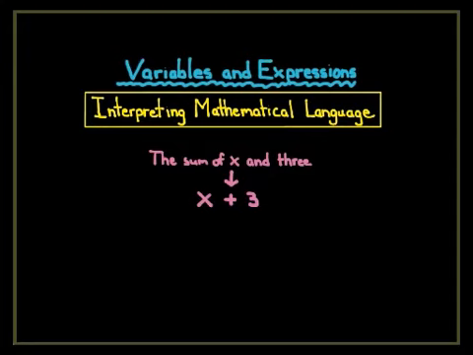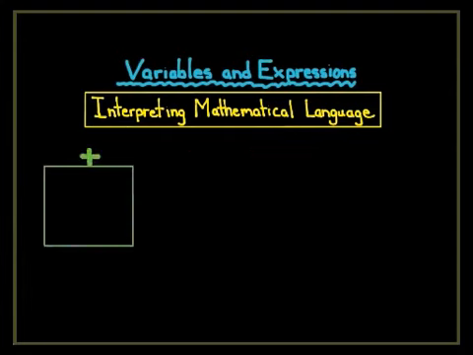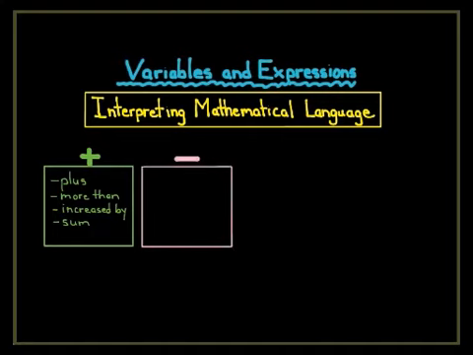Before we end up going ahead and doing some of these, let's take a look at some different words for each of the operations, starting with addition. First one is plus, more than, increased by, sum. For subtraction, there are several. Minus is one of them. Less than, fewer than, decreased by, difference.